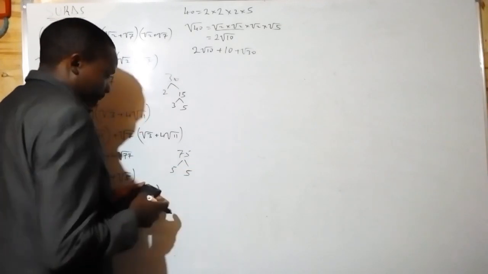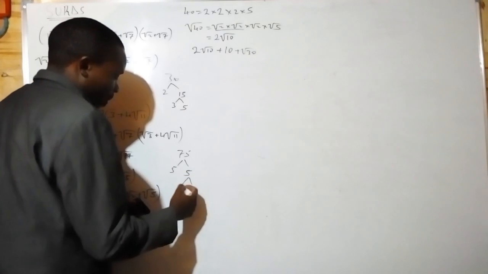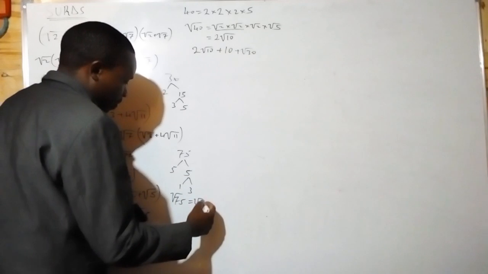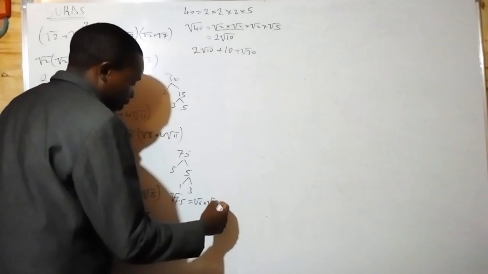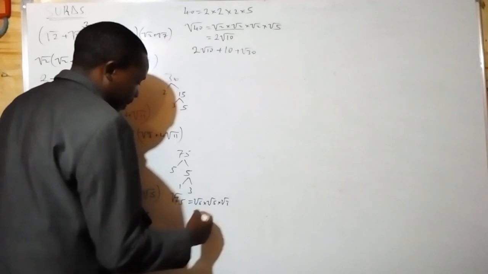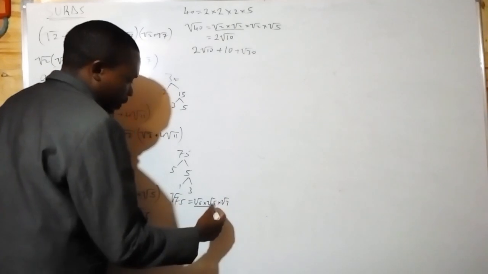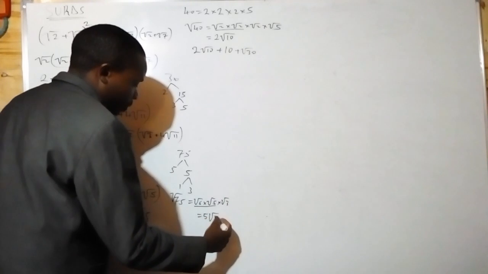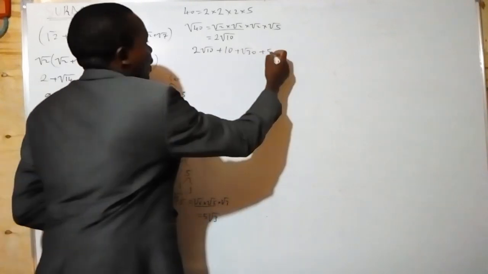Then 3. Root 75 is equal to root 5 times root 5 times root 3. These two root 5 are supposed to give you 5. Then you multiply by root 3, 5 root 3. Plus 5 root 3.